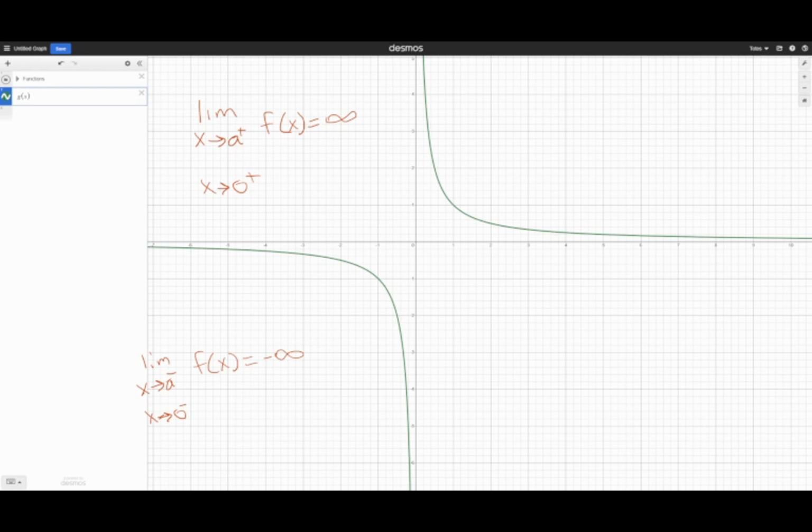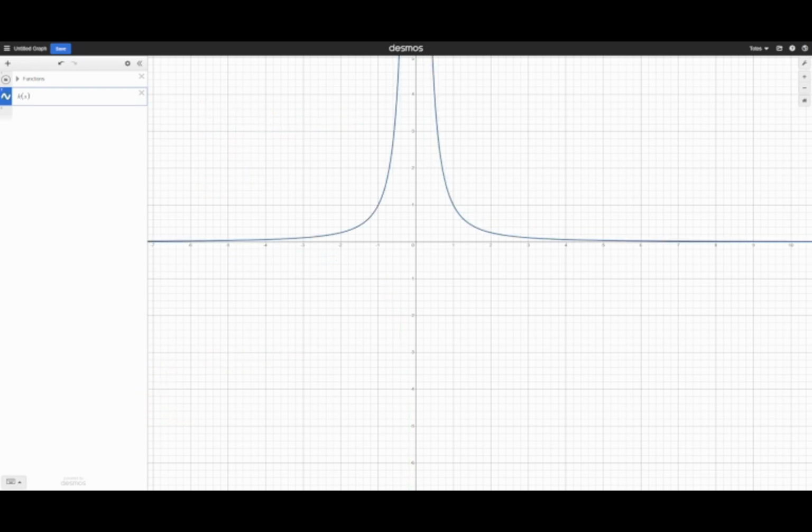And then if you were to look at, say, something like this graph, because both of these are approaching the same asymptote, you would say the limit as x approaches 0 from the left of f of x is constantly increasing, and the limit as x approaches 0 from the right is constantly increasing.